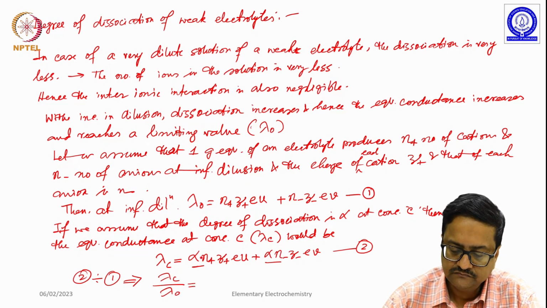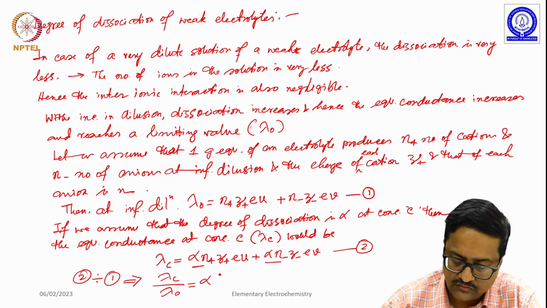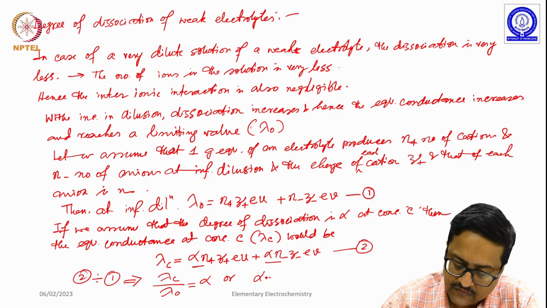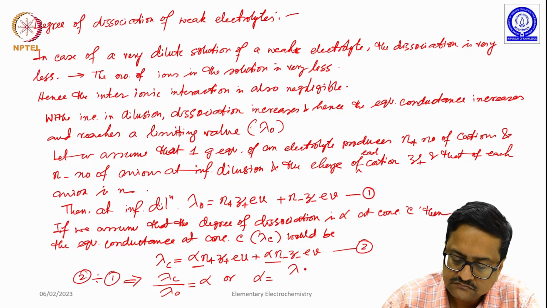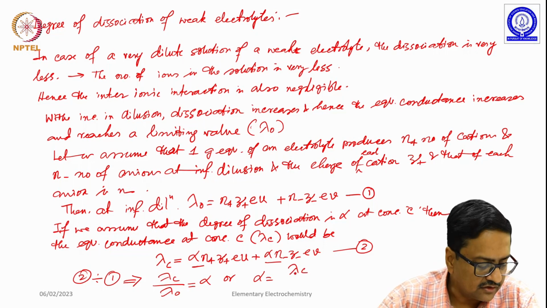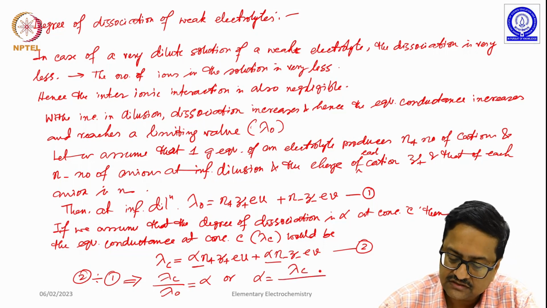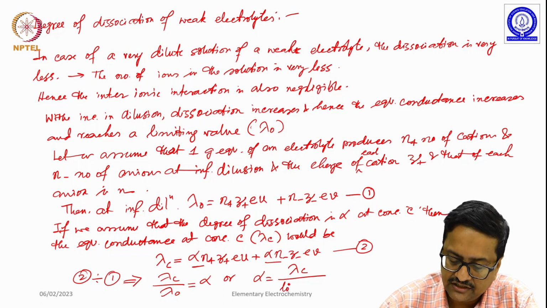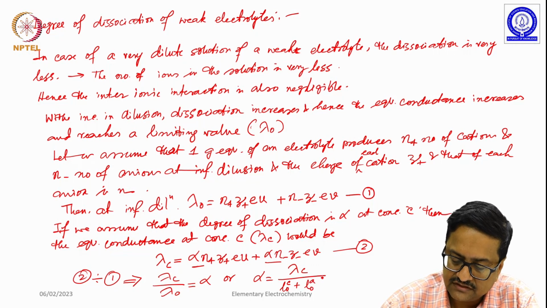We see that if I take alpha out, it is equal to alpha. Or one can simply write alpha equal to the equivalent conductance at concentration C divided by lambda 0, which is nothing but L0C plus L0A.